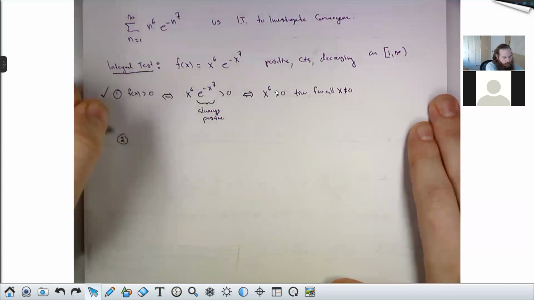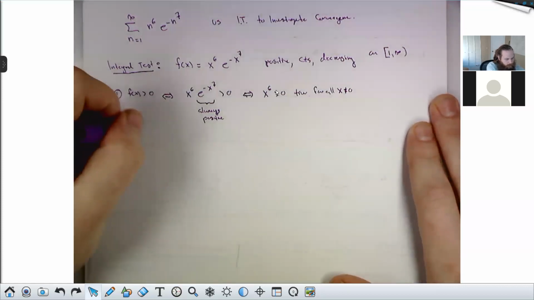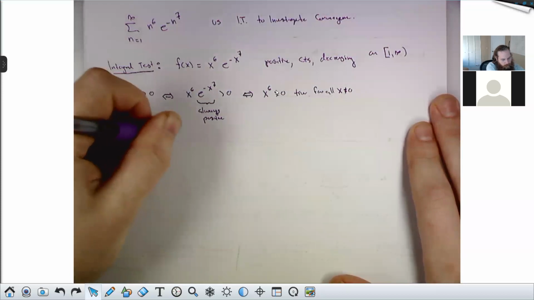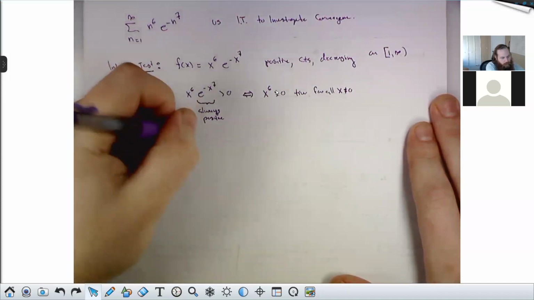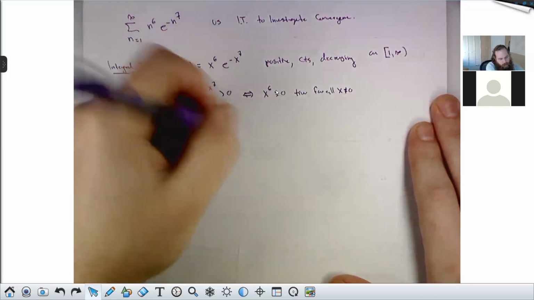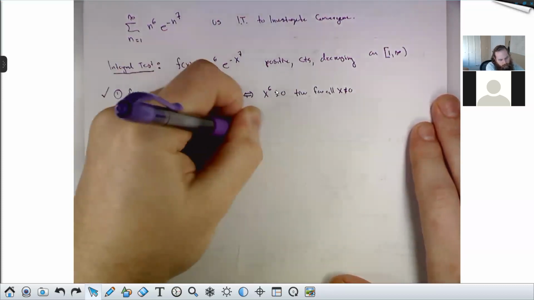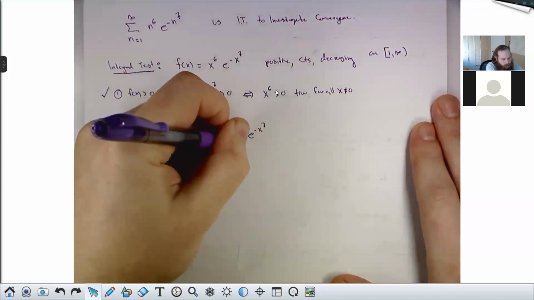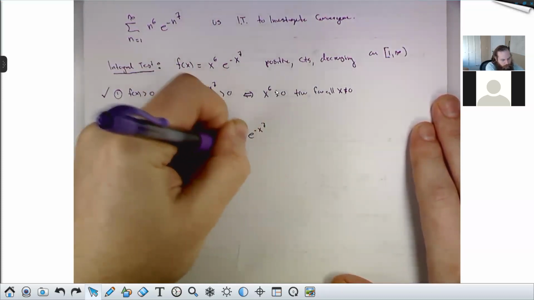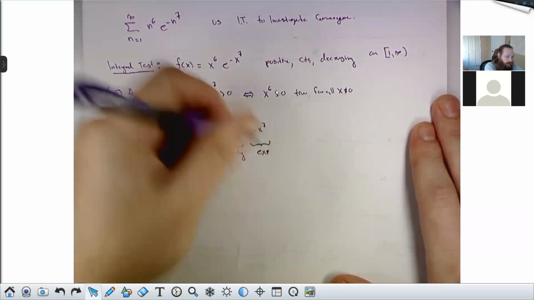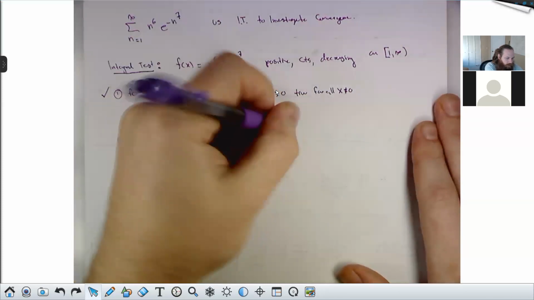Second, we want to show that this is continuous. Well, f of x is x to the 6 times e to the negative x to the 7. This is a product of a polynomial and an exponential, both of which are continuous everywhere.